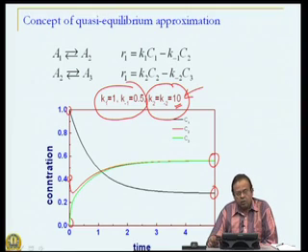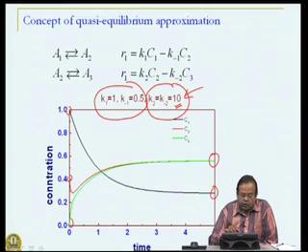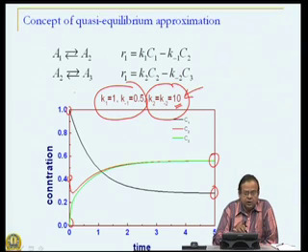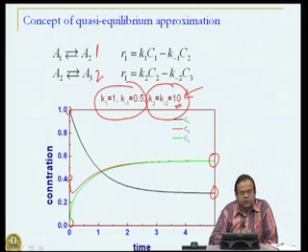So, they are the same. For this particular case there is an order of magnitude difference between the rate constants of the first reaction, this reaction over here, and the second reaction over here. In fact, the second reaction rate constants are an order of magnitude higher than the first reaction rate constants.